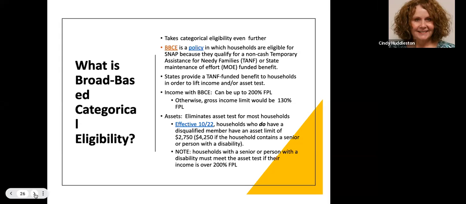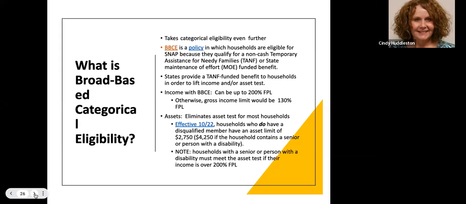And under the regular asset rules, households have an asset limit of $2,750, or $4,250 if the household contains a senior or a person with a disability.